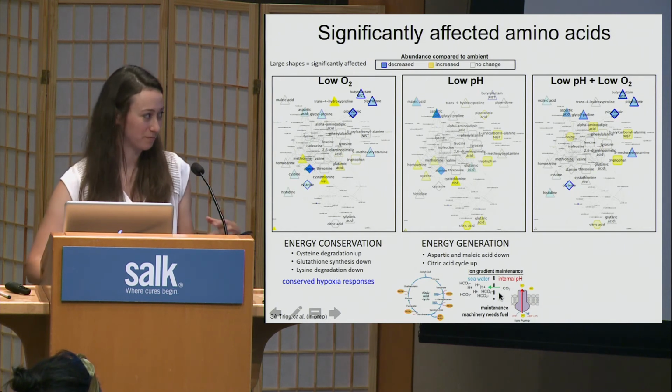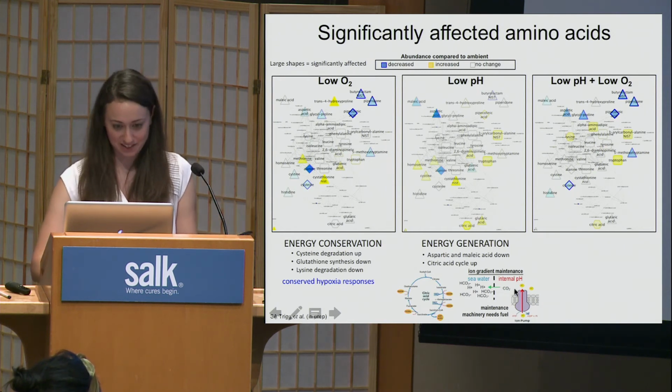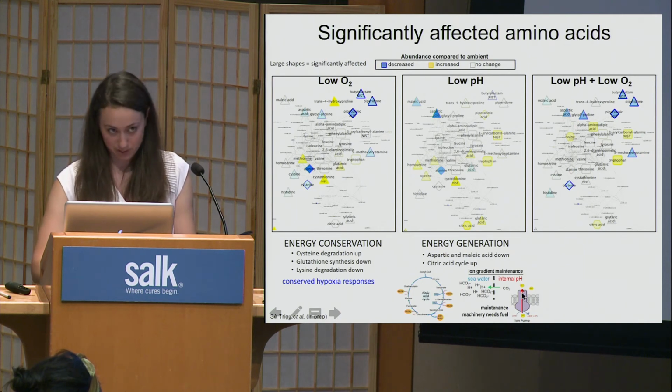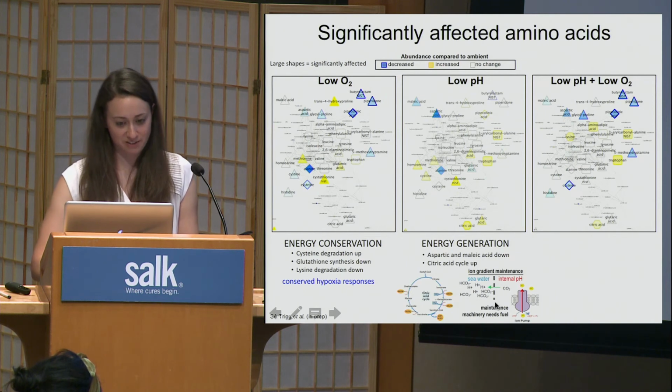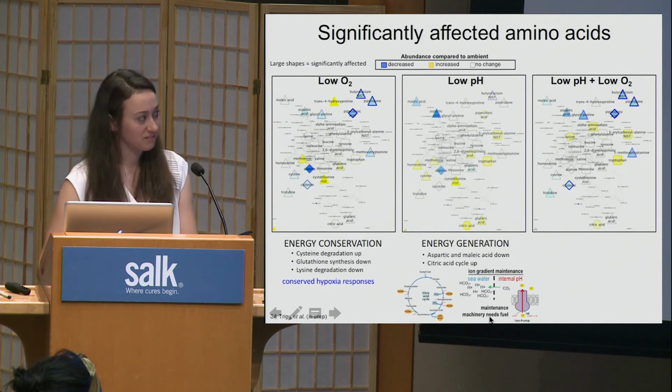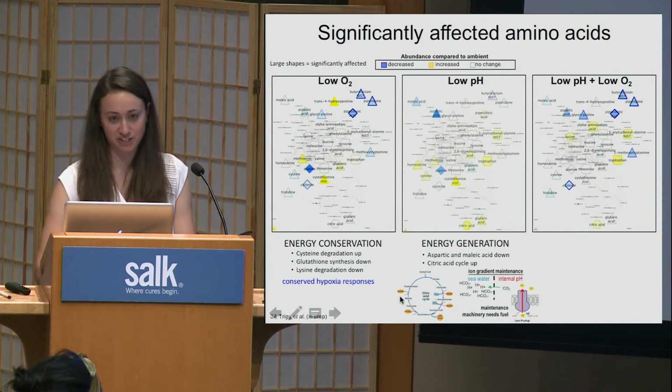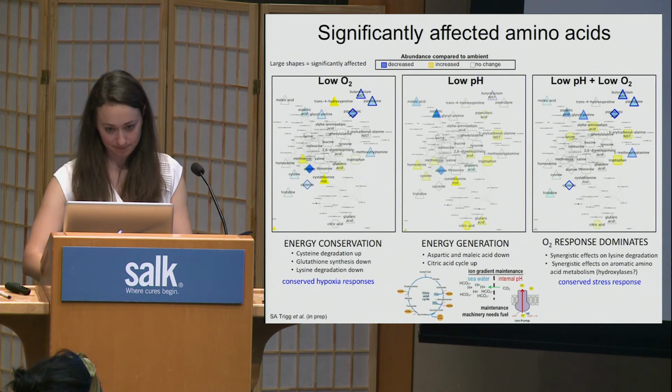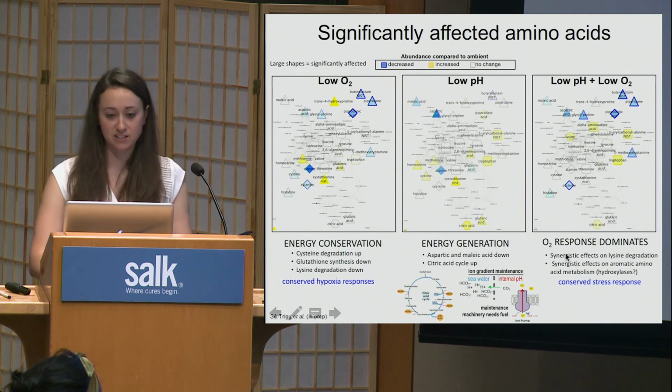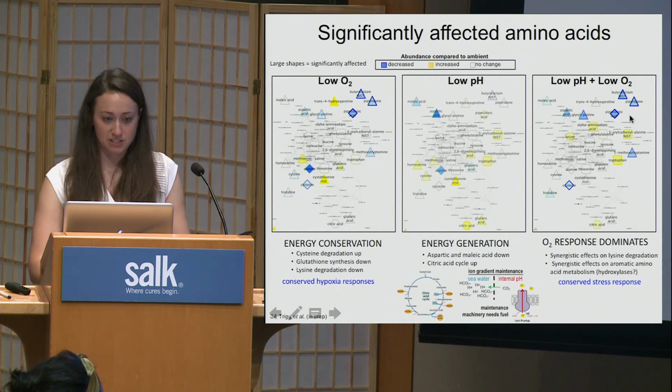So in order to keep respiring, they need to use these proton pumps to keep the integrity of their ion gradients. And these proton pumps or different ion channels require ATP, which is the energy generated by the citric acid cycle.